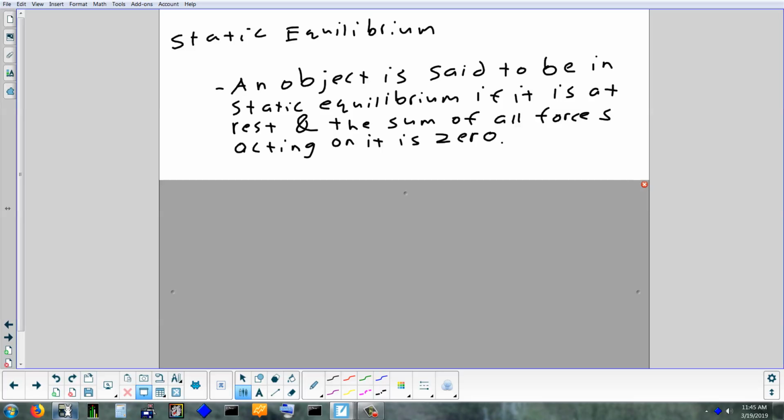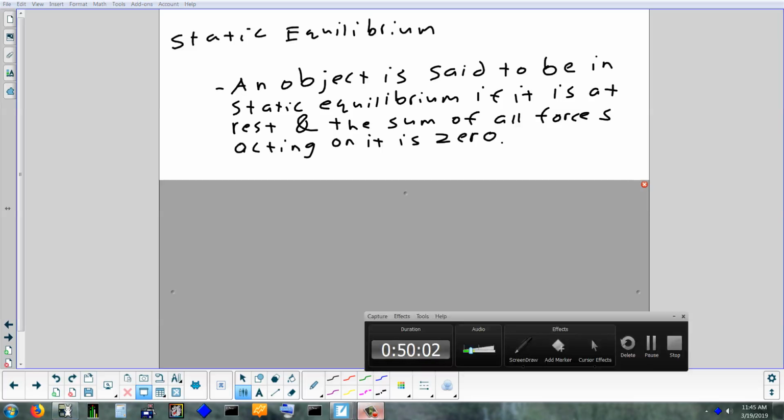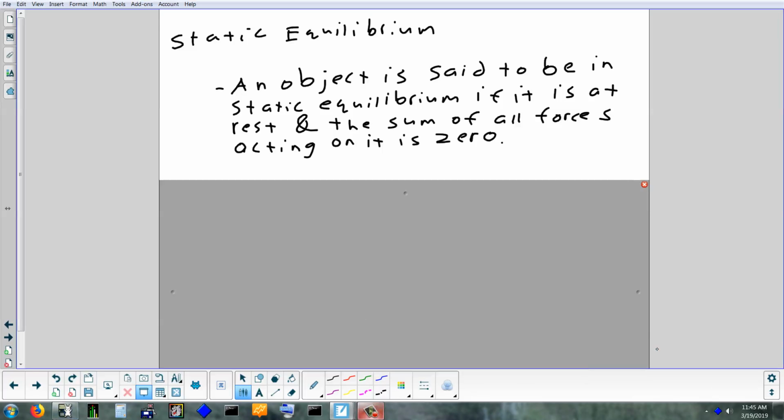Now, when we're talking about static equilibrium, we're going to be thinking in kind of a two-dimensional world. So when we're thinking two-dimensionally, what directions do we have to think about movement in? Don't think 3D, just 2D, yeah? Left and right, and up and down, okay?